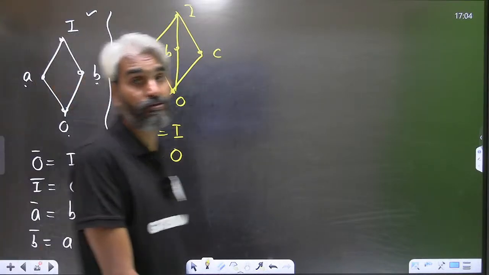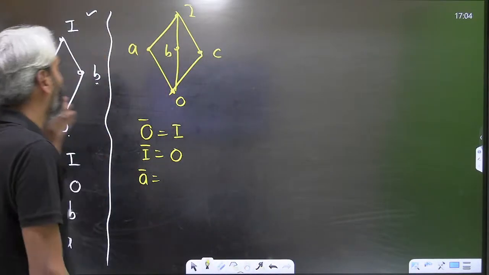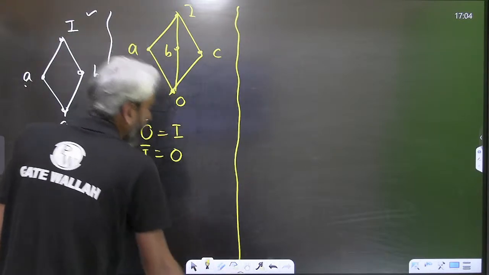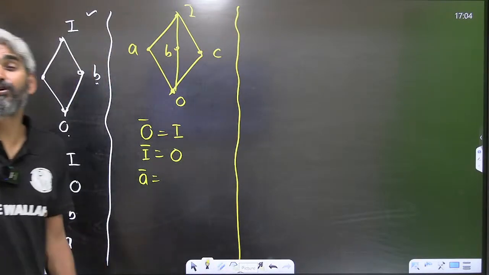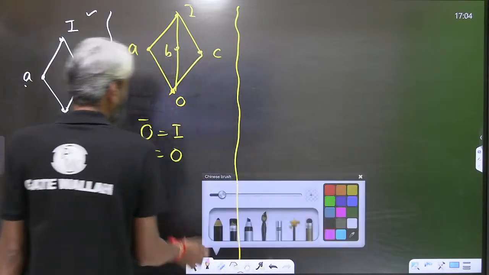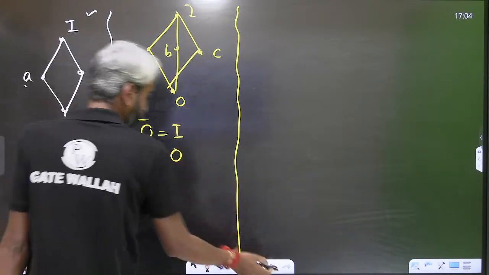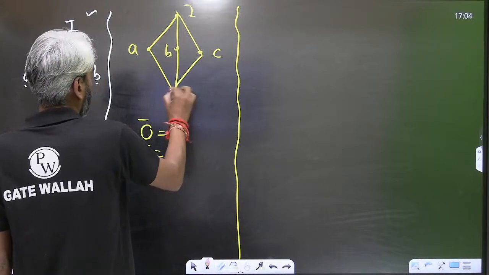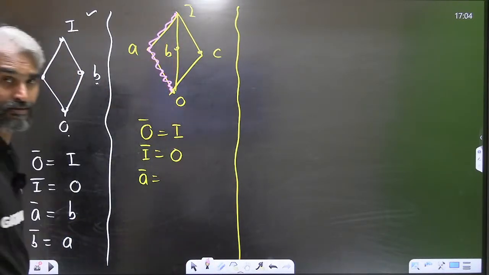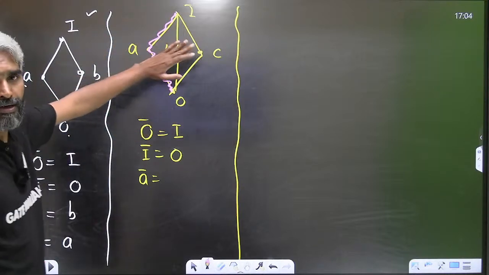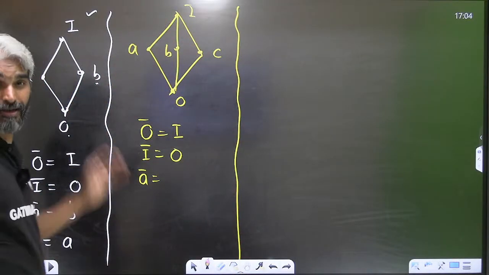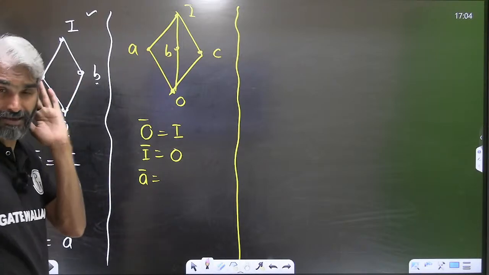One simple thing is that in a poset, the complement of an element cannot exist on the same line. If you take any two elements on the same line, apart from the universal lower bound and universal upper bound, then the complement cannot exist on that line.